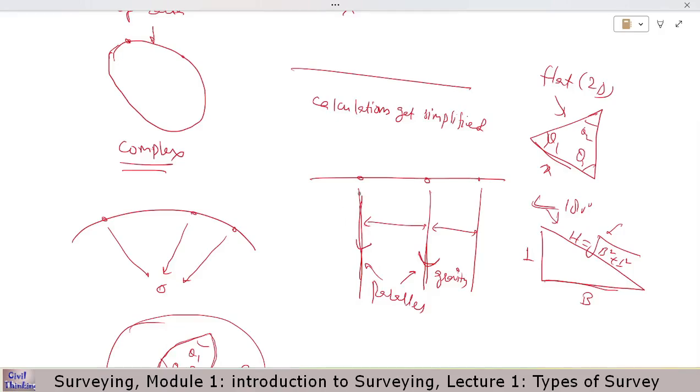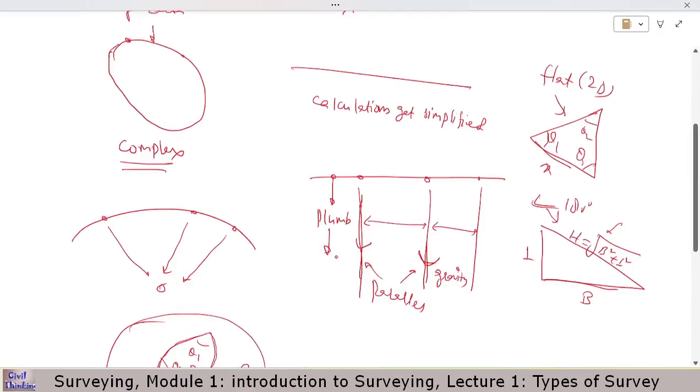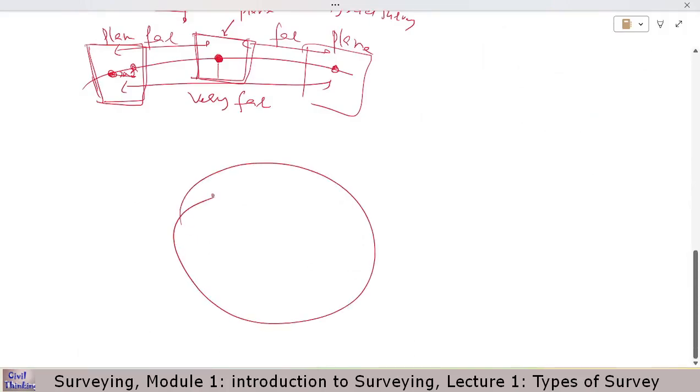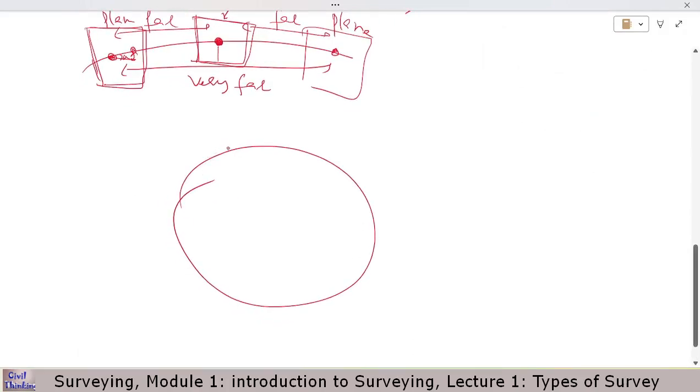So when we drop a plumb, the plumb always points in the direction of the center. If this is our earth, the center of earth, and you drop a plumb bob here, it will point towards the center.